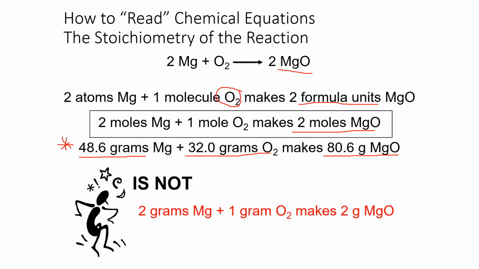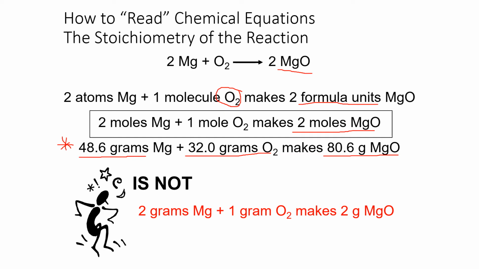What this does not say is 2 grams of magnesium plus 1 gram of O2 makes 2 grams of magnesium oxide. So coefficients give the number of atoms, molecules, ions, or moles.